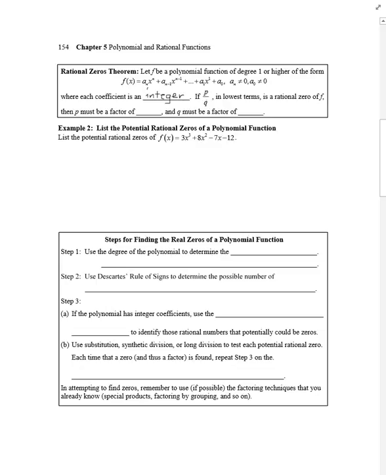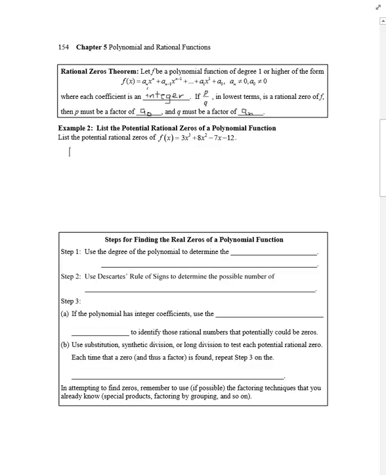Then, if p over q in lowest terms is a rational zero of f, p must be a factor of the a sub 0 term, and q must be a factor of the a sub n term. So, list the potential rational zeros. This is how this actually works.